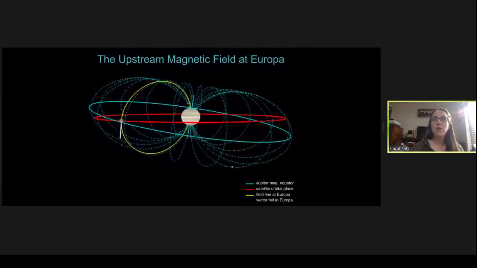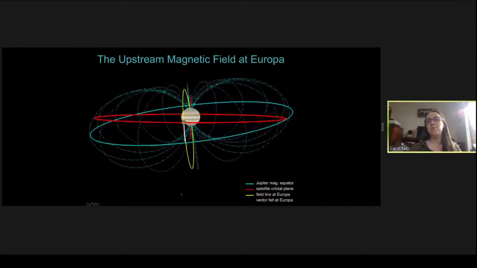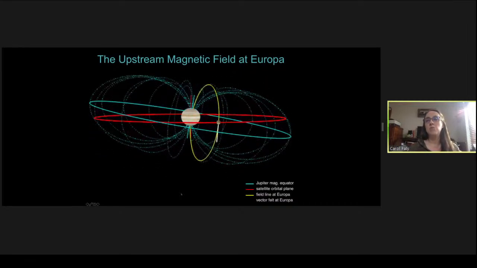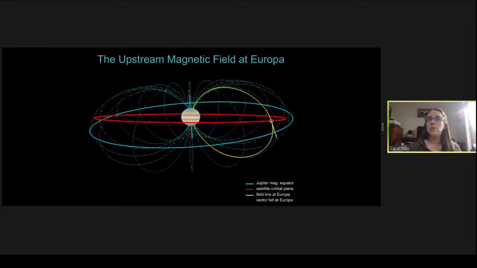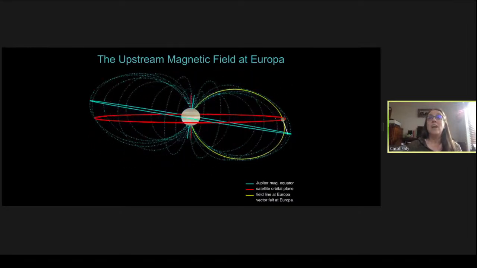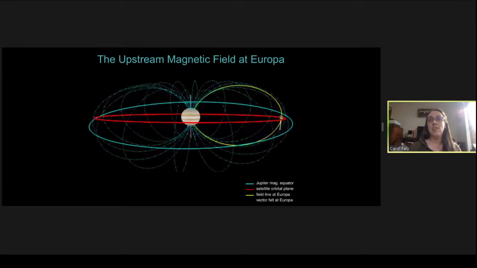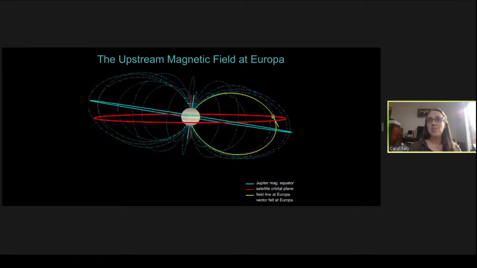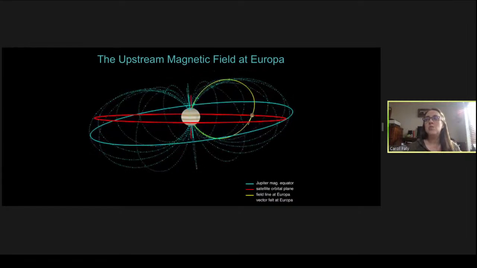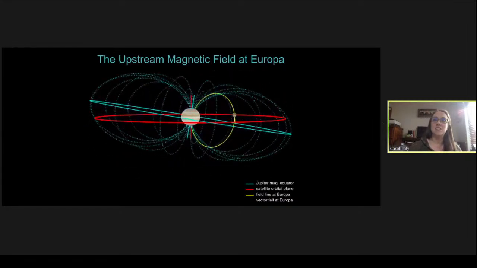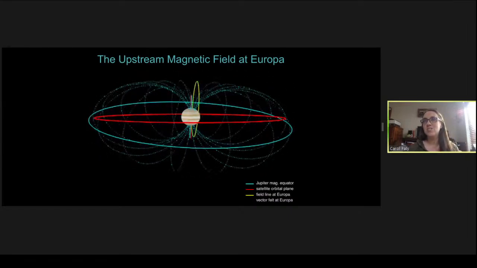So what do I mean by the fact that Jupiter's magnetic field is oscillating up and down? Well, here is a graphic, and it will make you dizzy if you stare at it too long. But in red, we see the orbital path of Europa going around Jupiter. The red axis is the rotation axis, and again, the red oval is the equatorial orbital plane of Europa. And then in cyan, what you see is the Jovian magnetic equator, because it's tilted 10 degrees off from the rotational axis and the rotational equator.